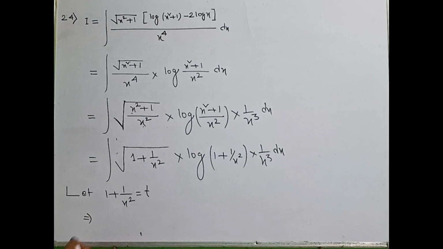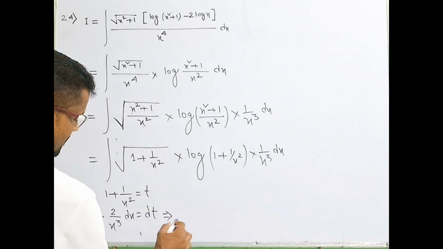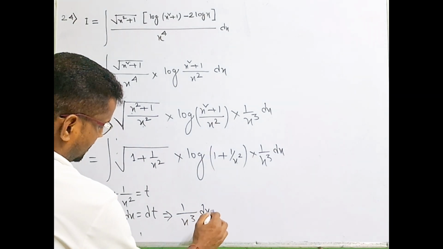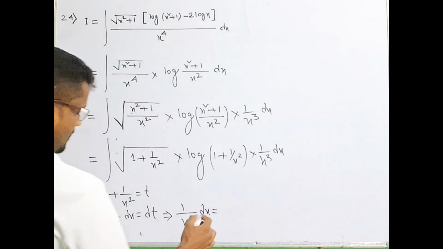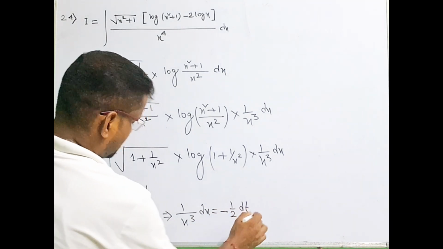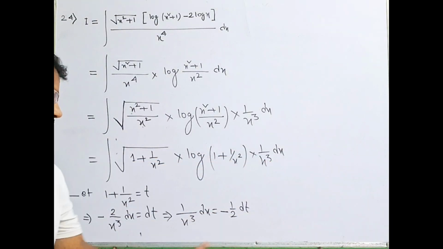Then on differentiation, what you will get? Minus 2 by x cube dx equal to dt. So from here, you will get 1 by x cube dx equal to minus half of dt. This minus 2 taken to the right side. So this is minus half of dt, or you can say minus dt by 2. So 1 by x cube dx equals minus half of dt we obtain.